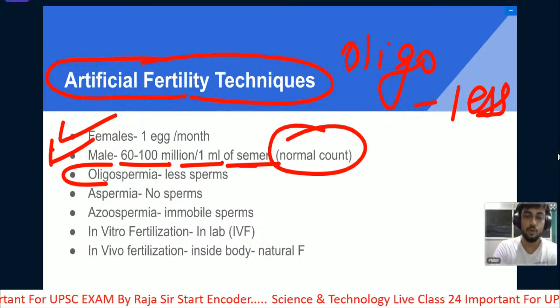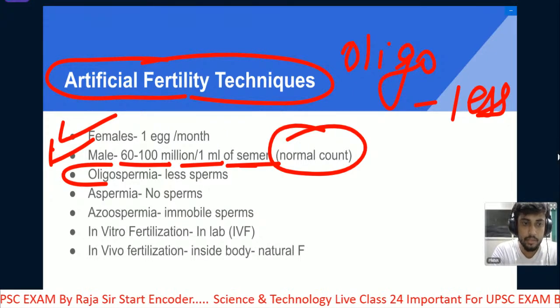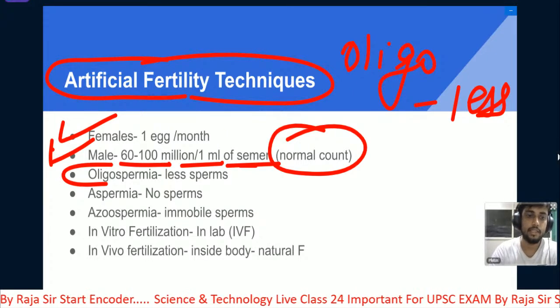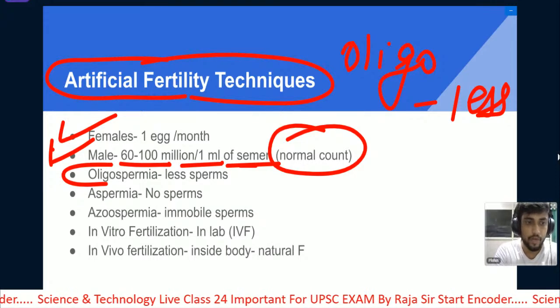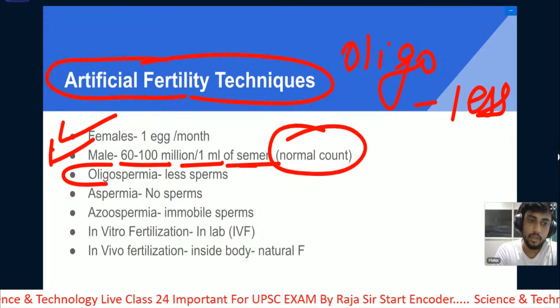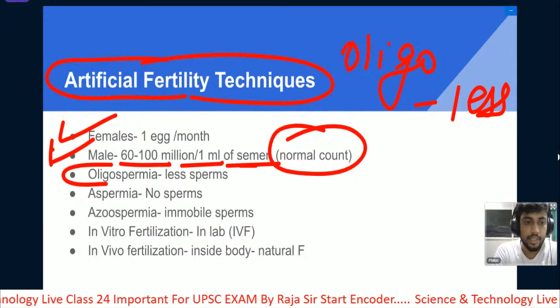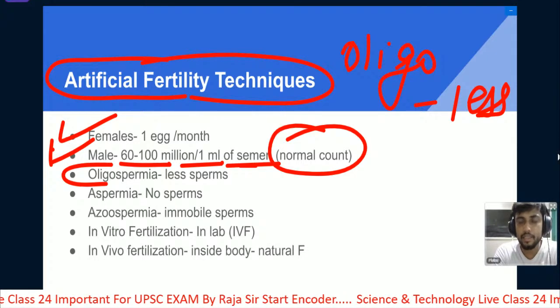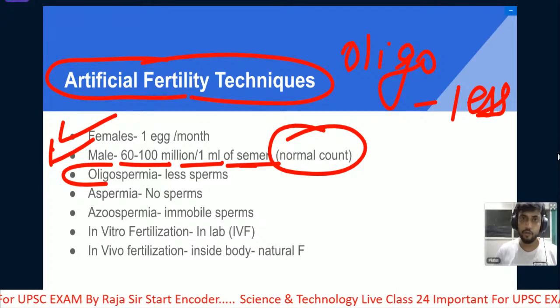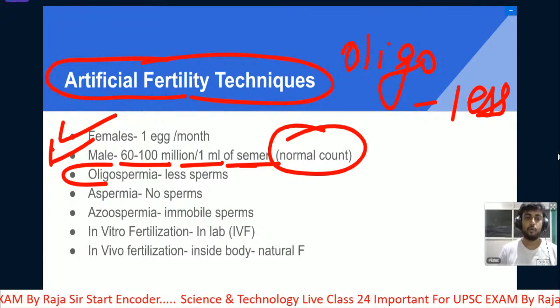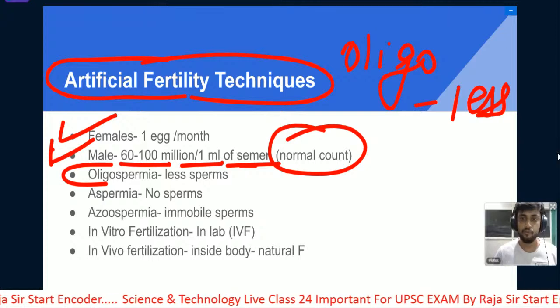Oligo is less, and oligotrophic means a lake which has less mineral content, less amount of nutrients. Yes, Arpit, very good. Yes, Palak Mahajan. It is a lake with low primary productivity, and the productivity is low because the supply of nutrients is less. Productivity is related to the supply of nutrients.